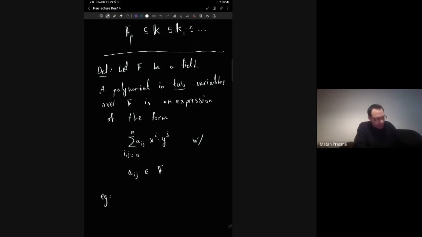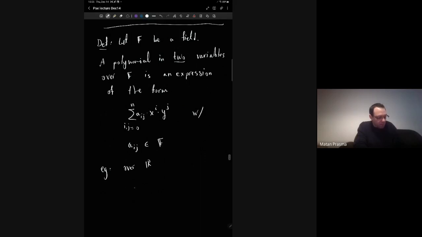So for example, over R, we can denote this as f(x,y). And over R, I could say f(x,y) is 3x squared y plus 2y squared plus x. That's a polynomial in two variables, right?